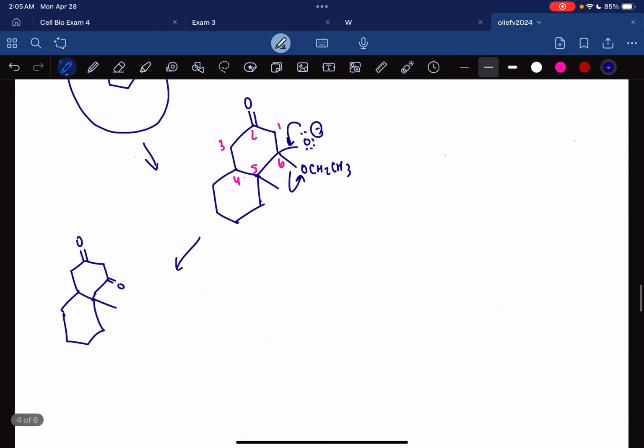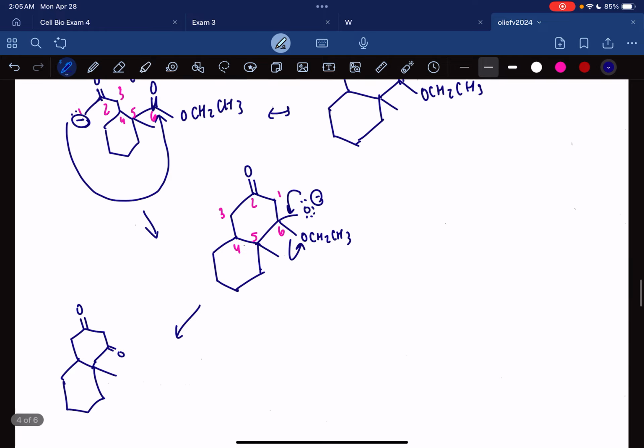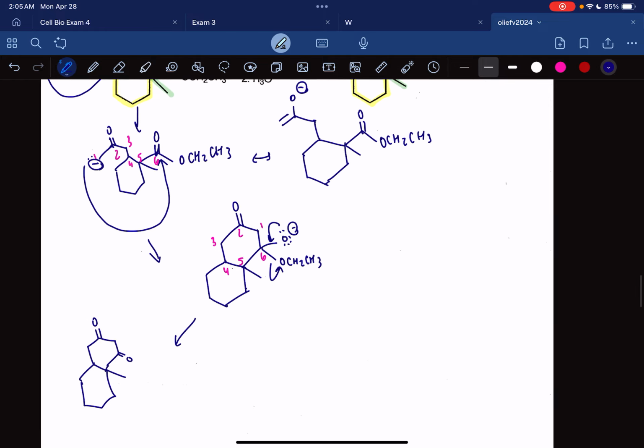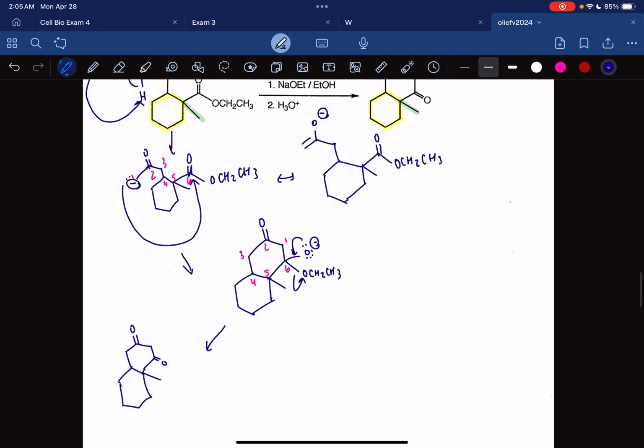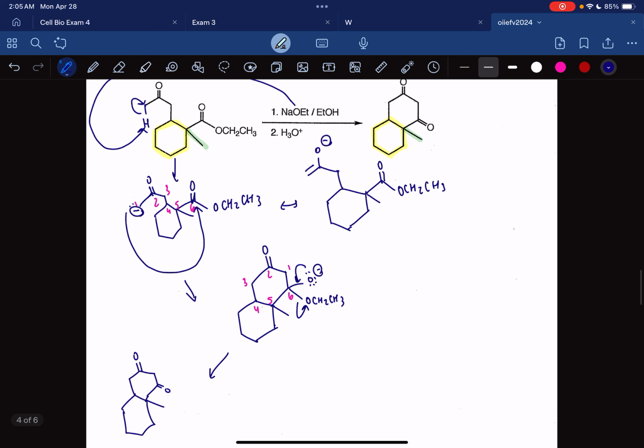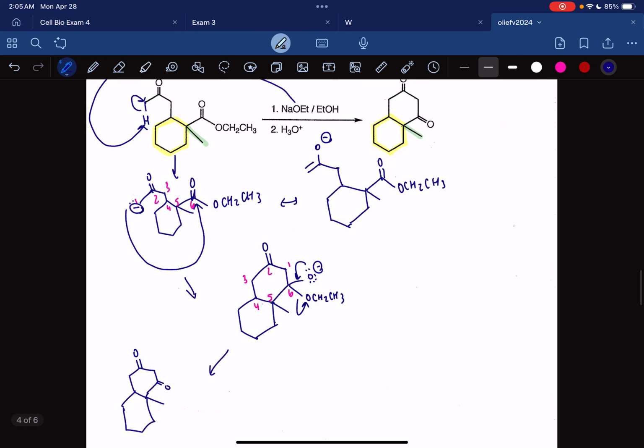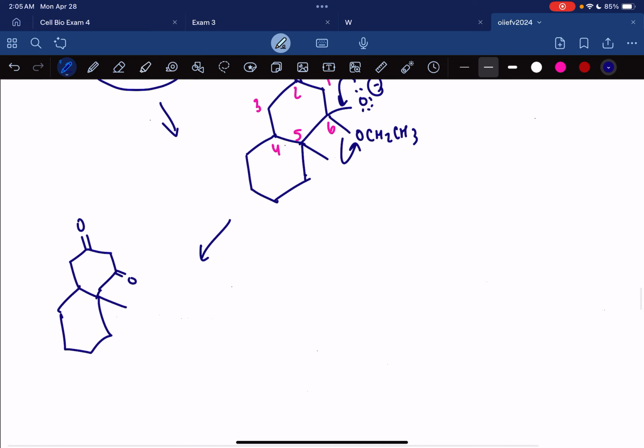Now this is where a lot of people make a mistake, and hopefully this is not going to be you guys. You might assume that this ends right here and you have the final product. The only issue is, since this is such an acidic compound, since the alpha carbon is between 2 ketones, it gets deprotonated again.